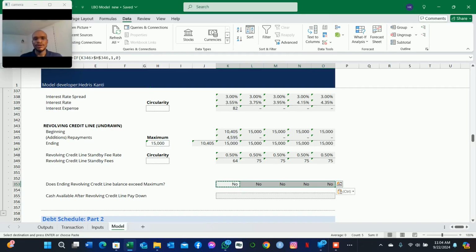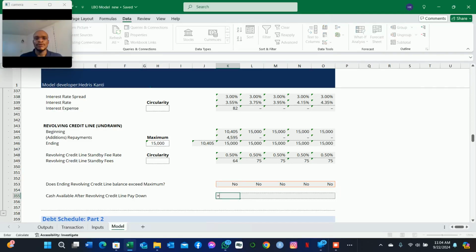As you can see, we have it set up here as a no, but if ever they are withdrawing more than this maximum amount from the revolver, which is 15,000, it will indicate here that they are exceeding their maximum limit amount. So that's why we have it custom formatted here as yes or no.